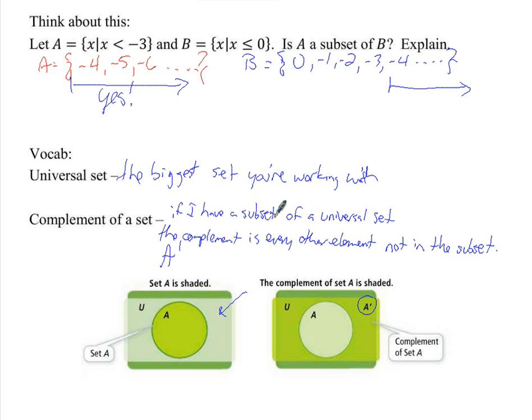So if I have a subset of a universal set called A in my definition, then the complement is every other element not in the subset called A prime. It's like an A with an apostrophe on it.